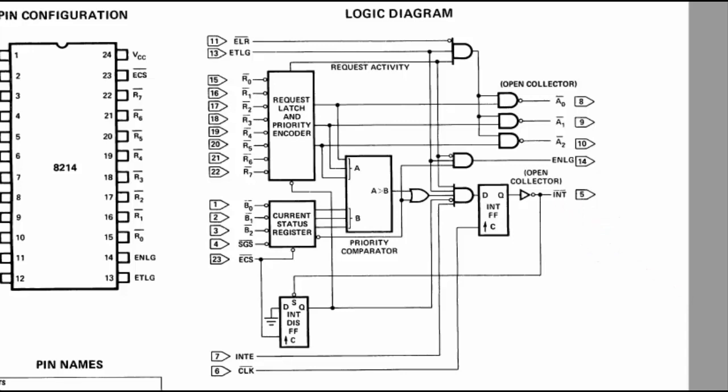This really only serves the function of stopping multiple interrupts from coming in. If you've already issued a DI instruction after an interrupt has been received, then additional interrupts coming in on the hardware aren't going to do anything. So even in the 8214, this interrupt enabled input has very limited use.